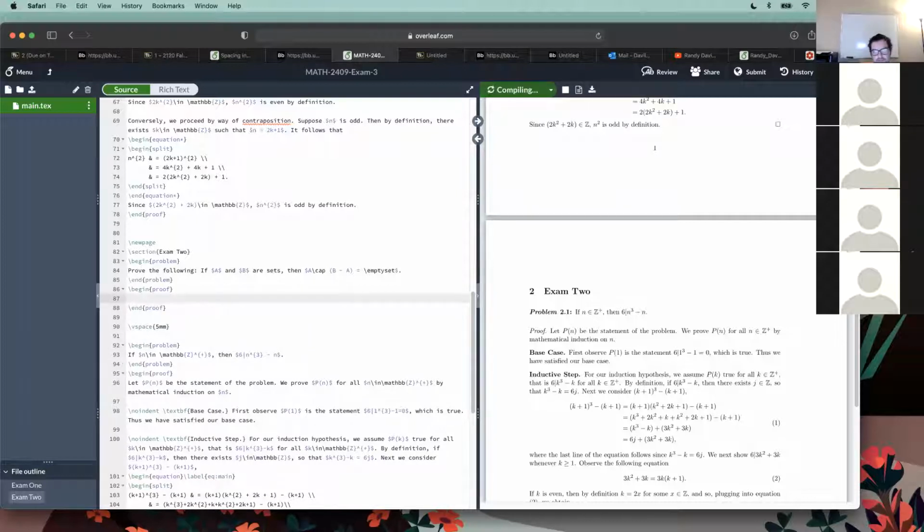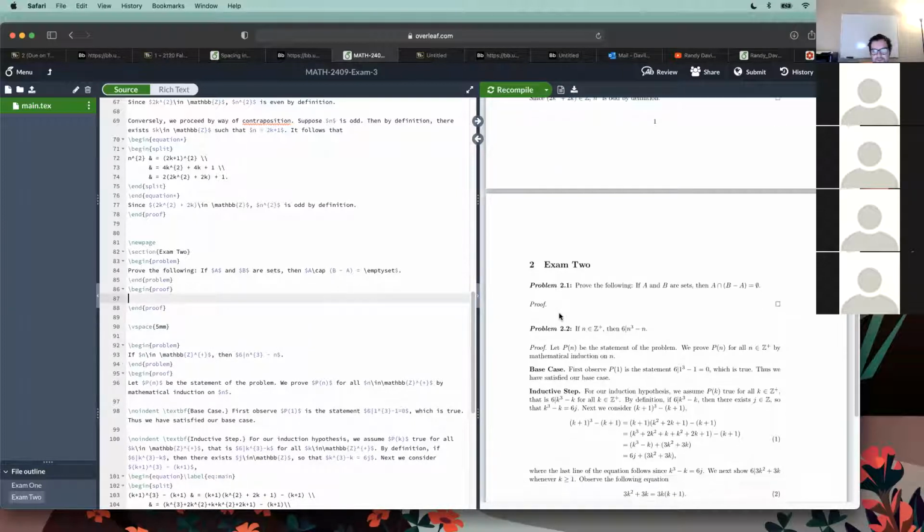All right, so what does that look like? All right, so this we can prove by way of contradiction. Just assume that there's an element in there, and then you get that that can't happen. So we can say by way of contradiction, suppose A intersect B minus A is not equal to the empty set.